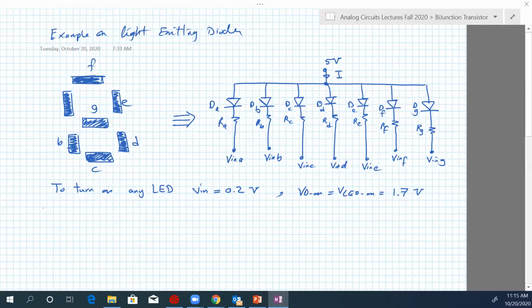Okay, so let's see the question here. The first question is easy. Find R. You remember we have here 7 resistors. Or find R if the LED needs 10 milliamps to give light.